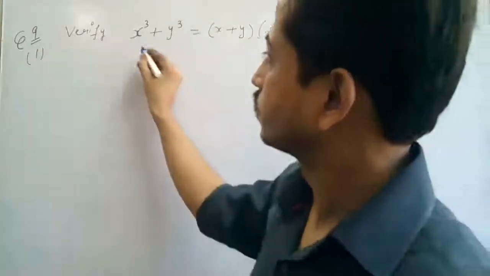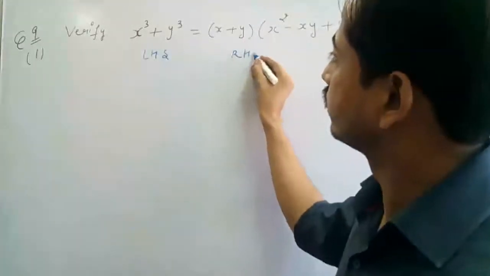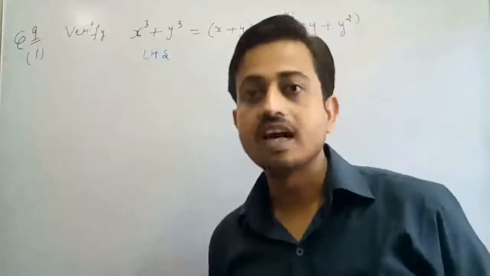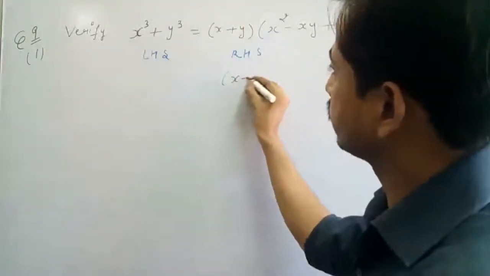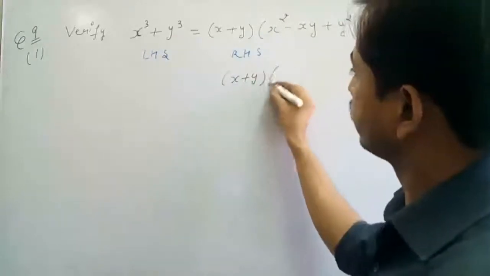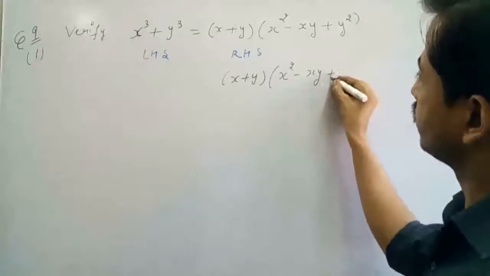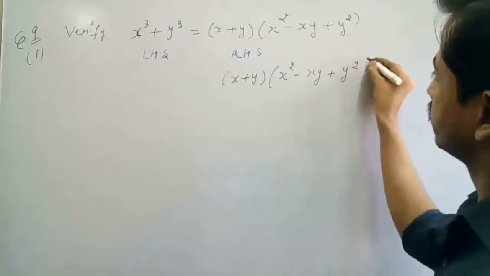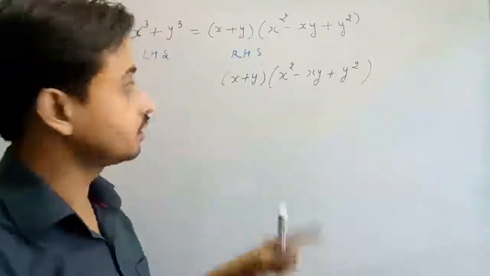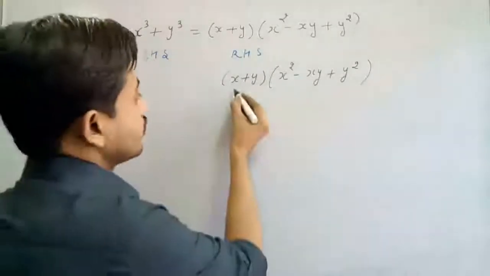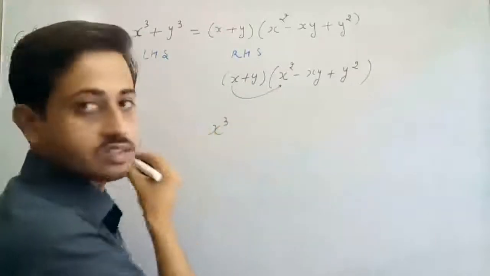So this is our left hand side, and this is our right hand side. I am doing the right hand side. So the right hand side is what? Our x plus y into x square minus xy plus y square. Now do simplification. So how can you simplify? Do multiplication. First x is multiplied with x square, we get x cube.